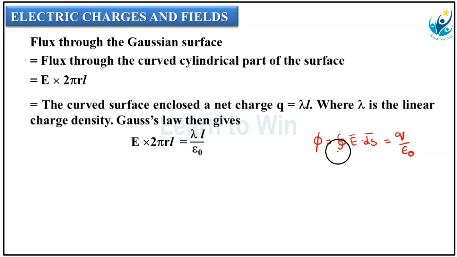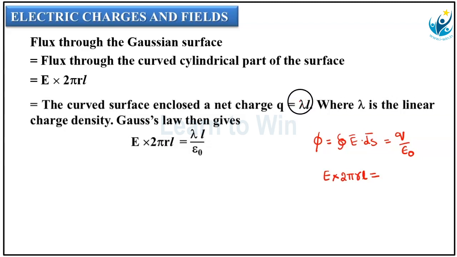Closed integral E bar dot ds bar is E into 2 pi r L, equal to Q. What is Q? Charge enclosed in the Gaussian surface.